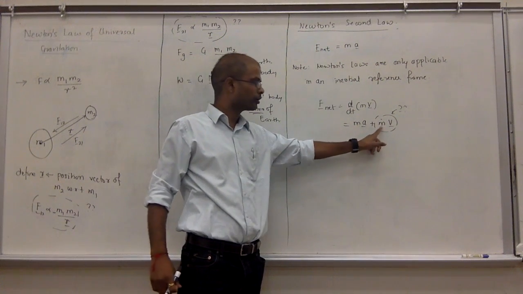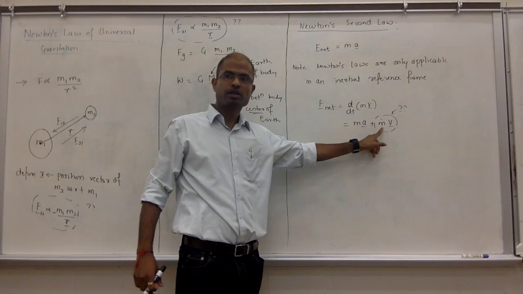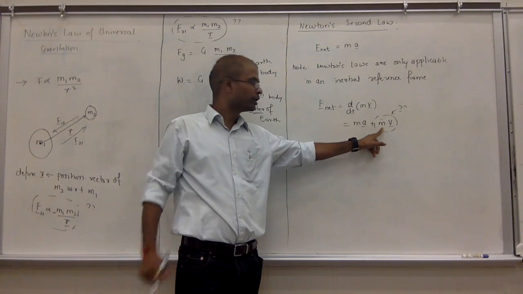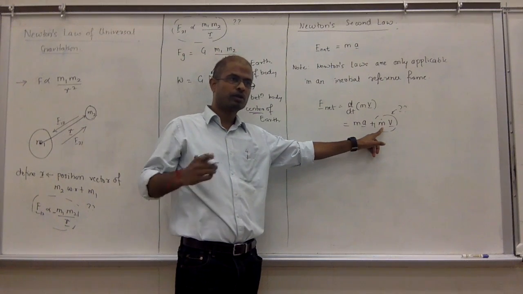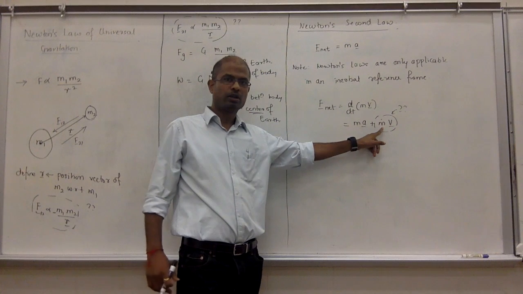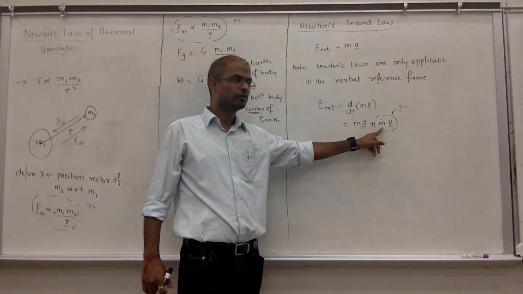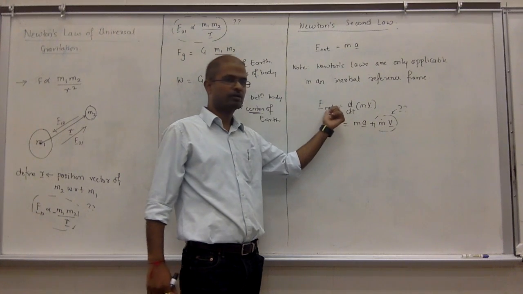If you don't account for this mass change, so what is changing in a rocket? The fuel. The fuel is constantly being depleted, there is mass flow, right? That mass flow actually gives you that thrust.